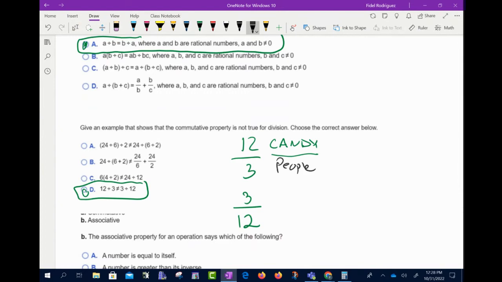Suppose we have 12 candies and there's 3 of us. If we had to share those candies equally, each person would get 4 candies, right? Now, I'm going to do the same thing over here, y'all.